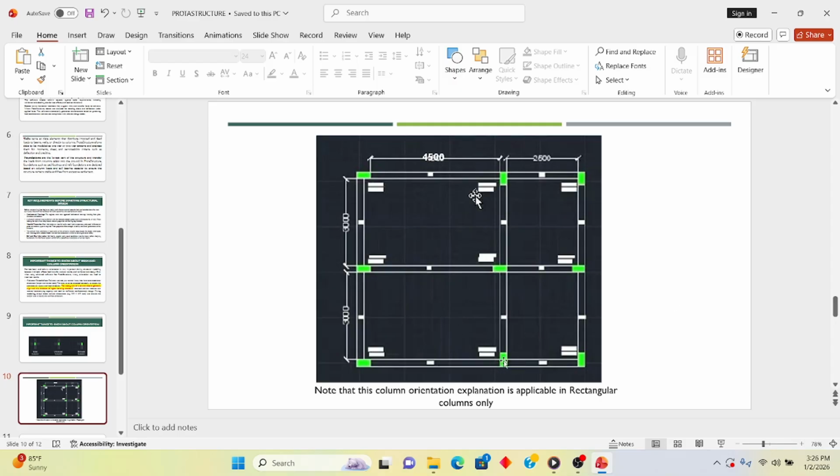It doesn't apply when it is a circular column or a square column. So that is just that about column orientation and identifying the type.